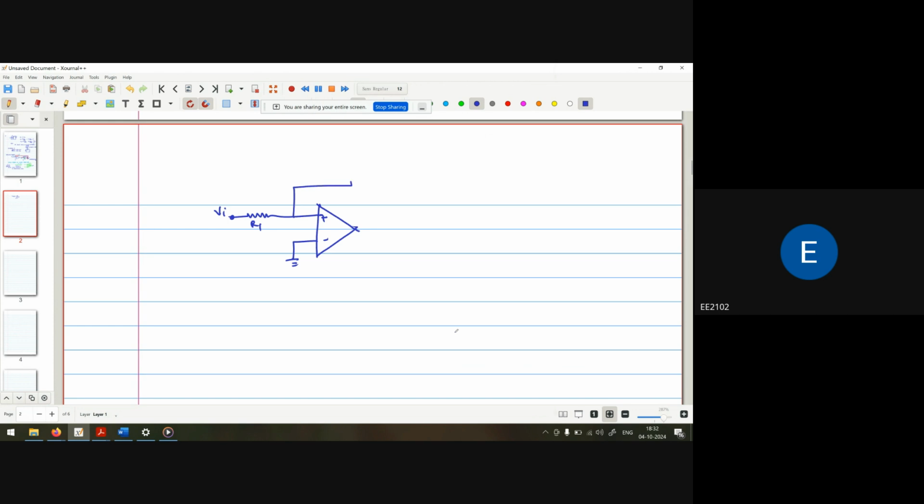This is R4, R3. This becomes negative, this becomes positive, grounded. This becomes R2 and Vout. Now, what is the output voltage?